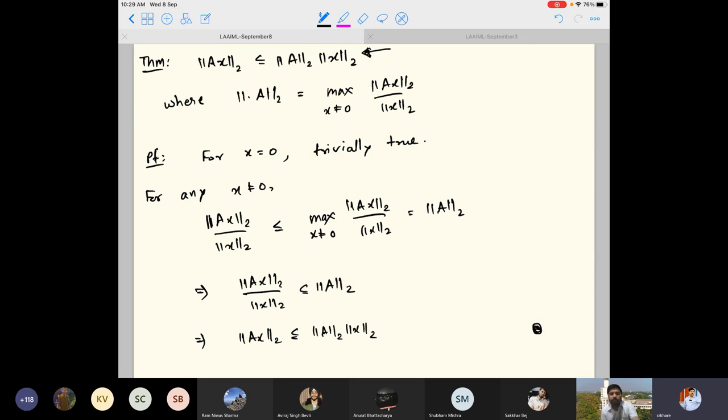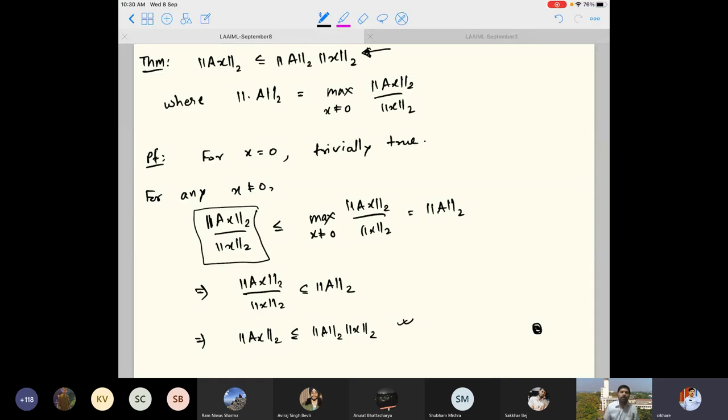This proof is fine, straightforward, right? So when x is not equal to 0, this ratio for any arbitrary x is less than or equal to its maximum value. Just that observation gives me this particular result.